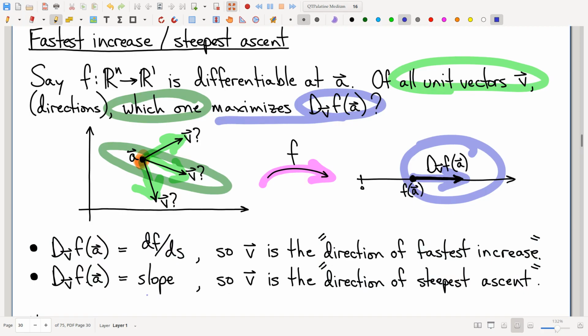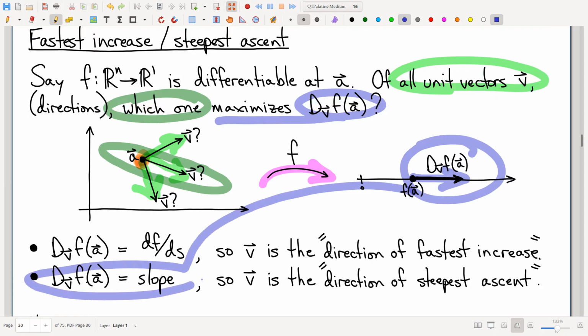The other comes from thinking of the directional derivative in a different way. If you think of the directional derivative as the slope of the graph, and quick reminder, y'all know I'm real uptight about what kind of picture we're looking at: is it a graph, is it a level set? If you're thinking about f in terms of the graph, and a quick side note, we're not looking at the graph in this picture, then directional derivative means the slope of the tangent line of the graph.